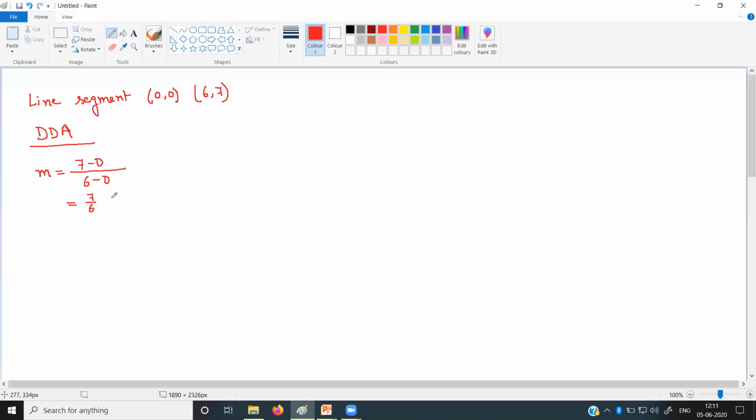Okay. So if the value is 7 by 6, definitely if we compute it, it is greater than 1. So that indicates the value of m is greater than 1. Okay.